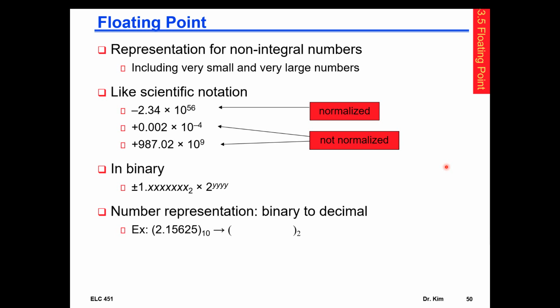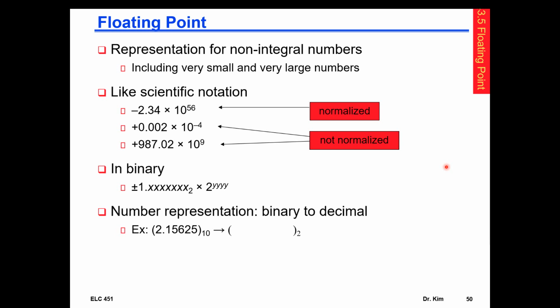So that's what we're going to start talking about today, which is the floating point format, which is like the scientific notation that we're all familiar with. Essentially, a number is first normalized according to a certain rule, and then that normalized number is multiplied times a base raised to an exponent.